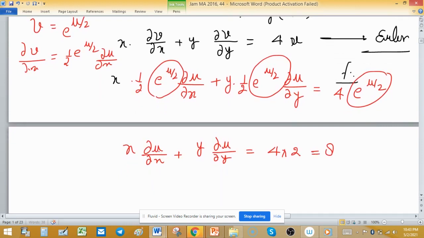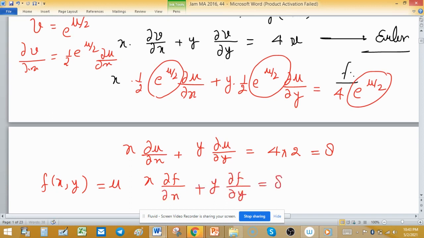And u was f, so you can write f in place of u. So x times partial derivative of f with respect to x, plus y times partial derivative of f with respect to y, equal to 8.